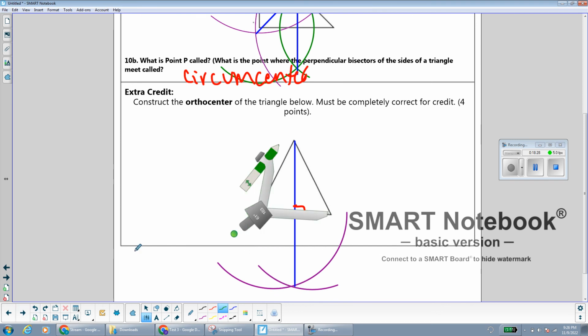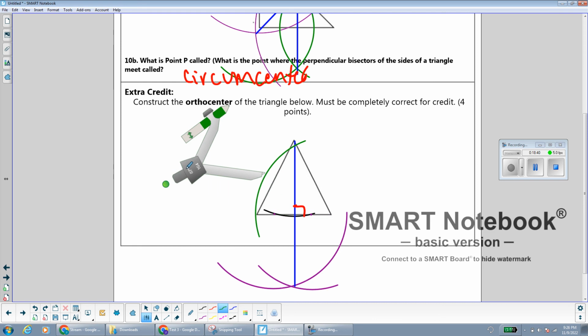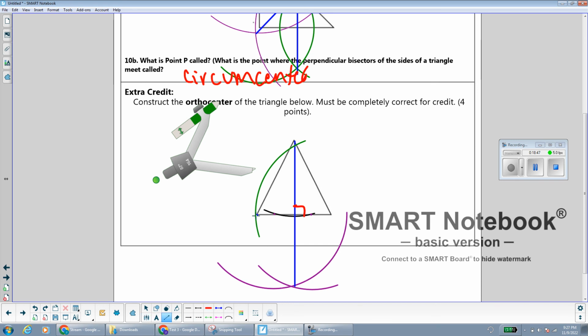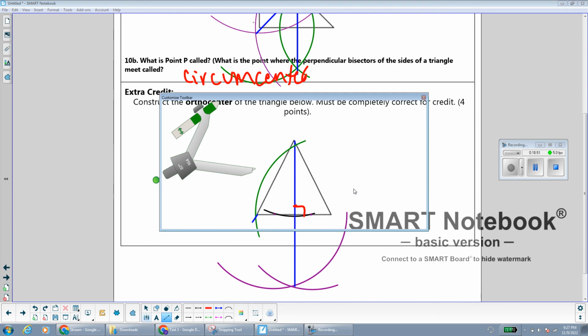Too big. Okay. I'm just going to extend this side of the triangle slightly. And now I see two intersection points.